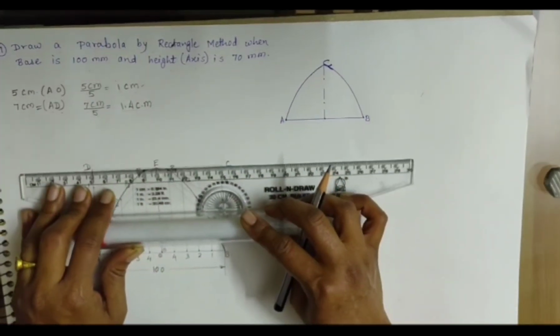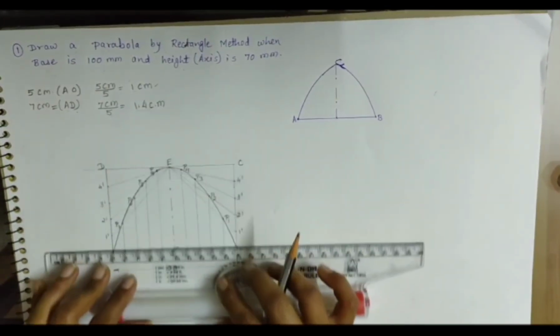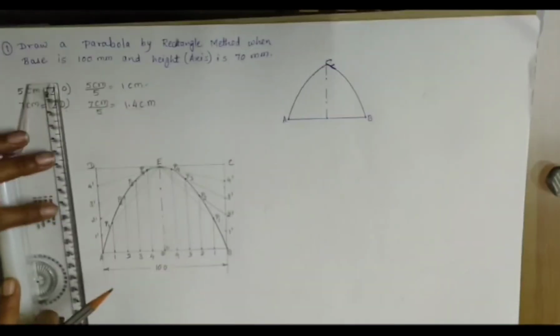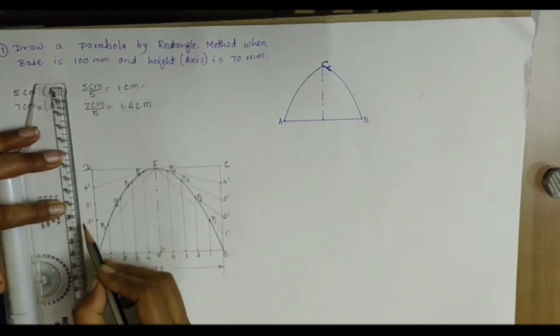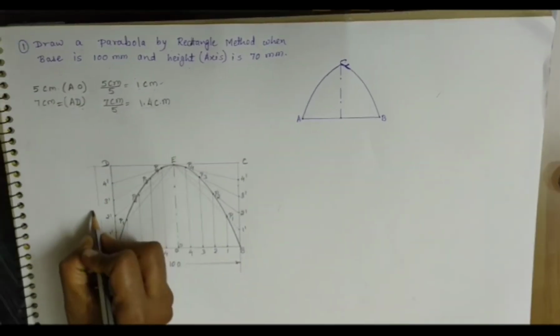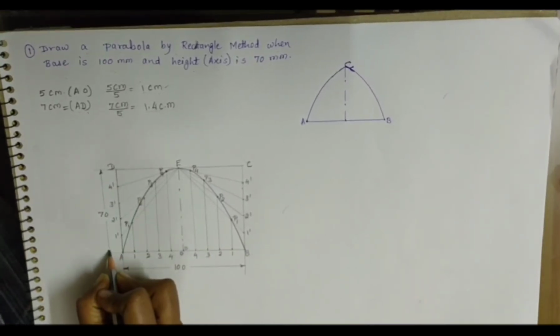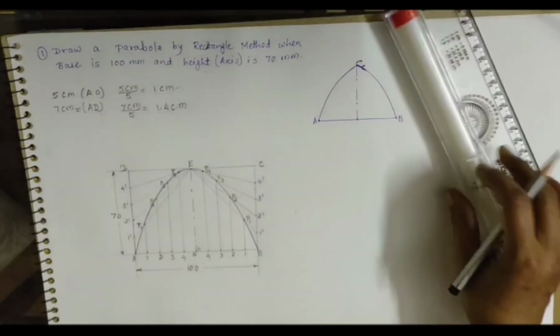And also dimension the line AD, which is your height, and it is 70 mm. In this way, we have completed the parabola by rectangle method.